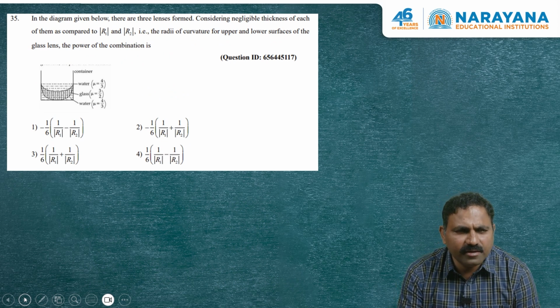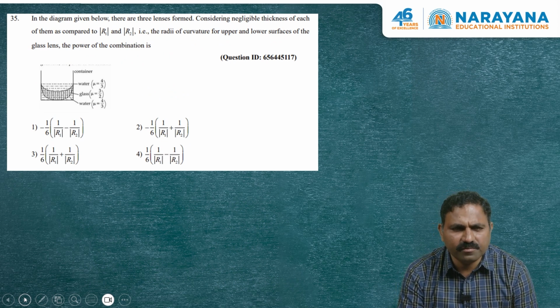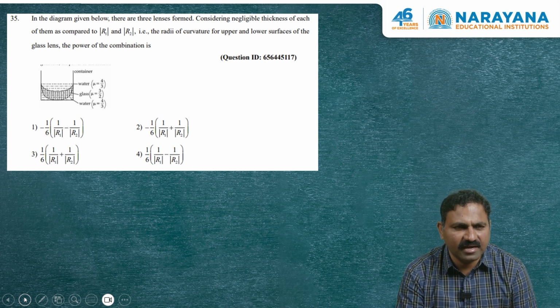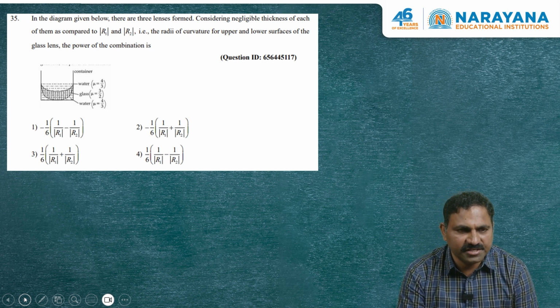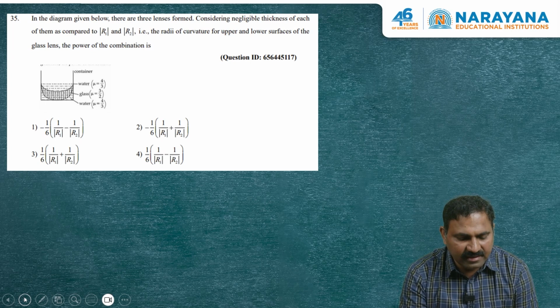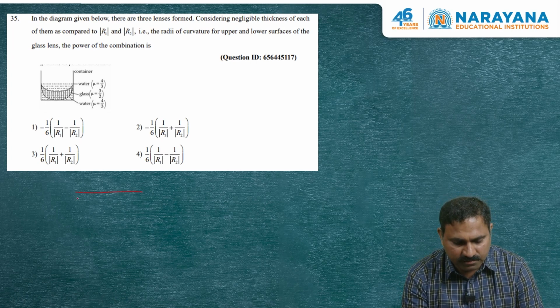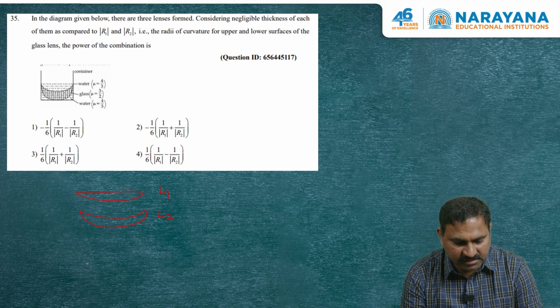In the diagram given below, there are 3 lenses formed, considering the thickness of each of them negligible as compared to mod R1 and mod R2, that is the radii of curvature for the upper and lower surfaces of the glass lens. The power of the combination is. Here 3 lenses are given. Let me separate those. This is lens L1. The next lens is given like this, lens L2. The next lens is given like this, lens L3.